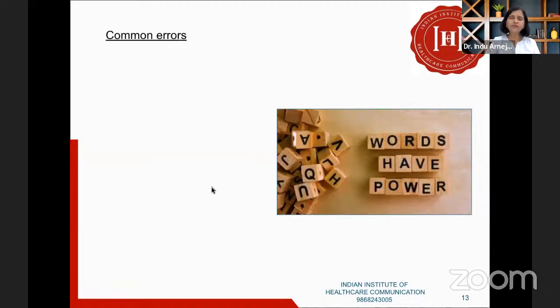The common errors you will see, especially in healthcare, are that we sometimes use disrespectful language for patients or their family members, and for our juniors, because we assume that we can take that liberty, especially words like tu and tum for our juniors, and also for people who are younger in age. We think it's more like being closer or more personal. In today's time, the moment you use the words tu and tum, even for your own children, they will not like it.